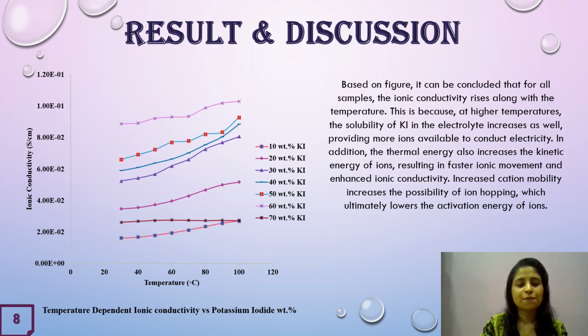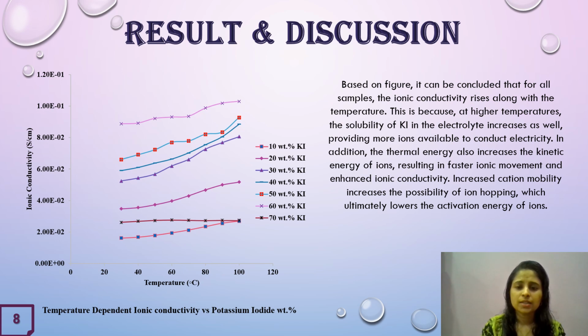The next graph shows the temperature-dependent ionic conductivity versus the potassium iodide weight ratio percentage. Based on this figure, it can be concluded that for all samples, the ionic conductivity rises along with the temperature. This is because at higher temperatures, the solubility of potassium iodide in the electrolyte increases as well, providing more ions available to conduct electricity.